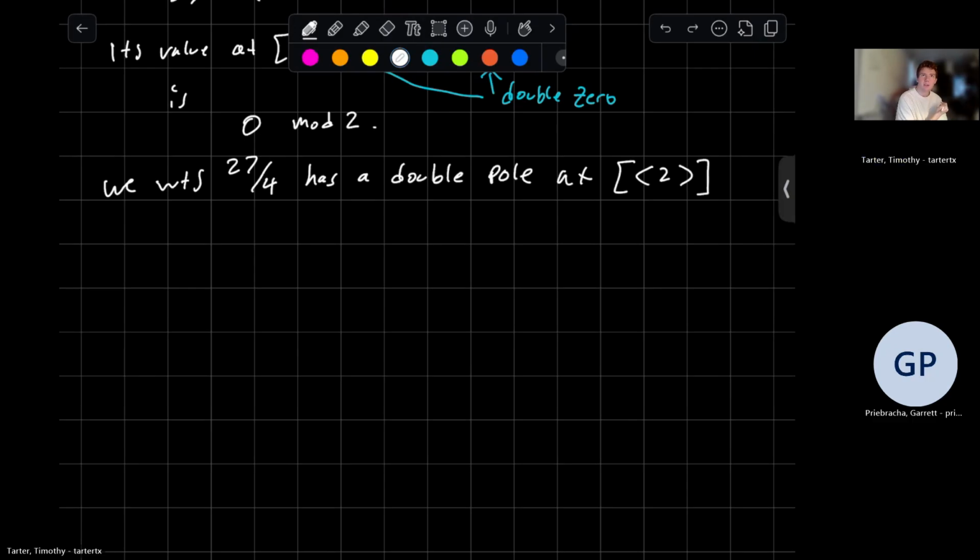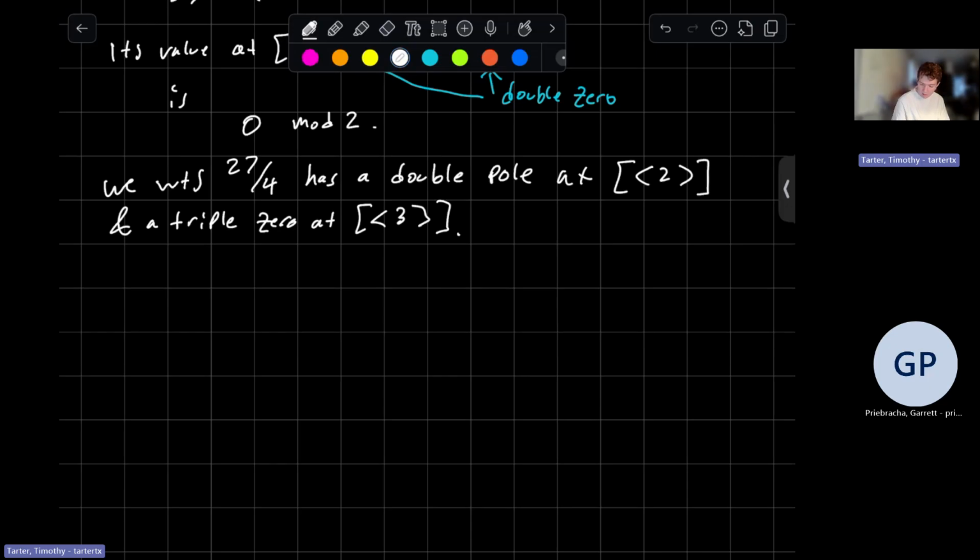It's 9 times 3, so 3 squared times 3, so 3 cubed. So it has a triple zero at 3.